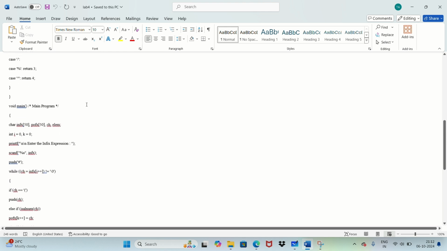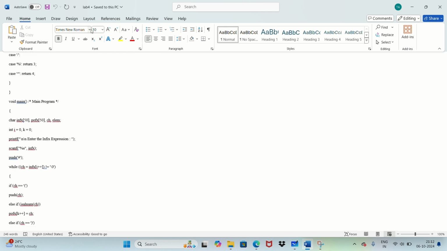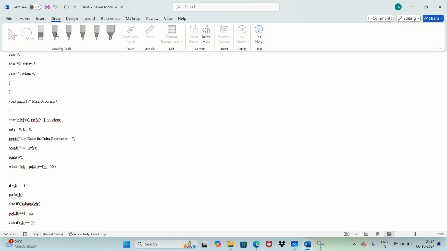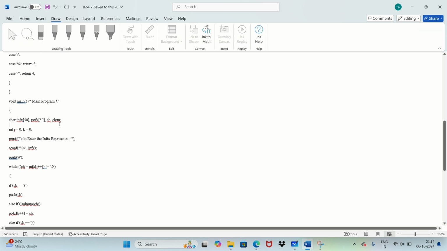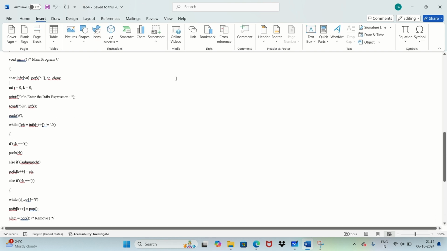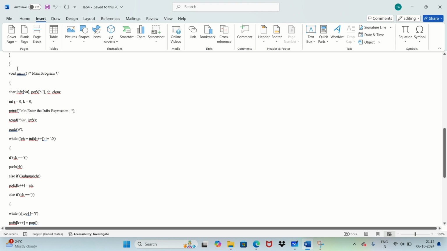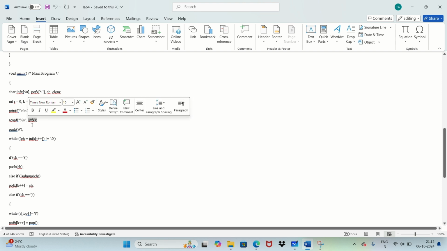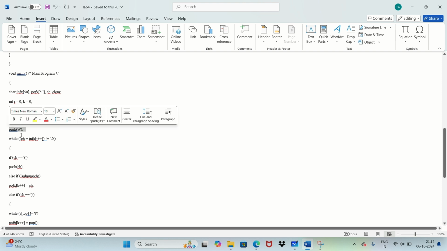First we go to the void main. In void main we first have some arrays, infix and postfix. First you enter the infix expression, which is stored in the infix array, and by default you push hash.